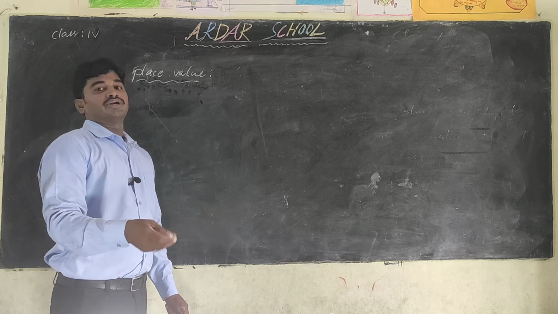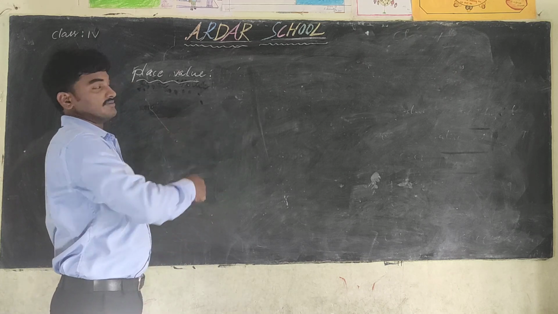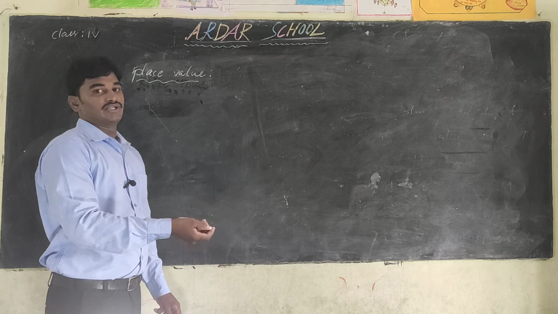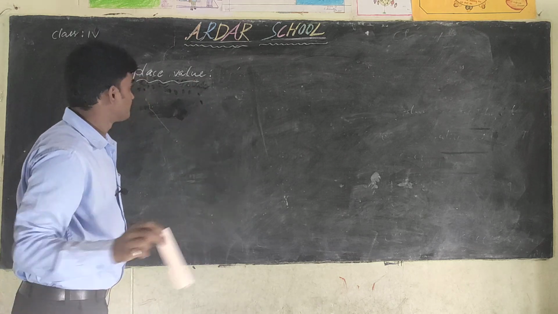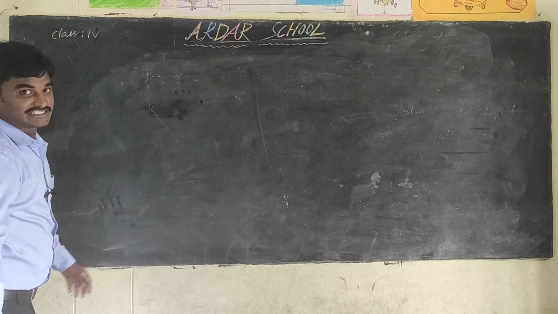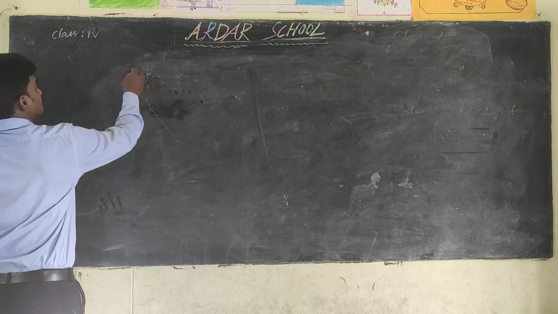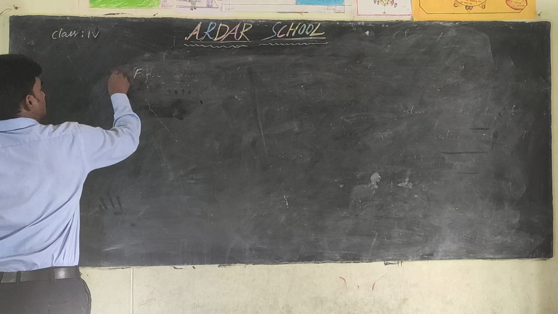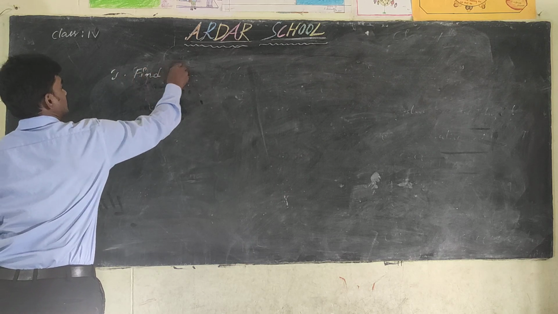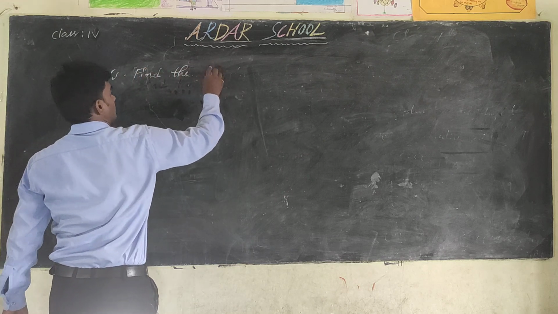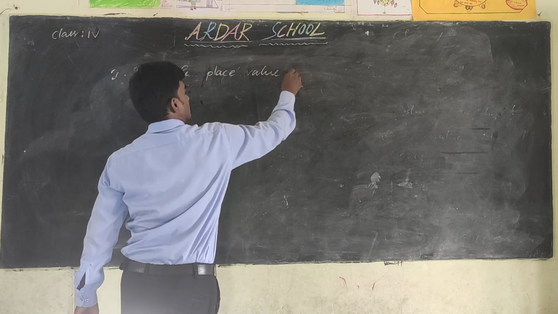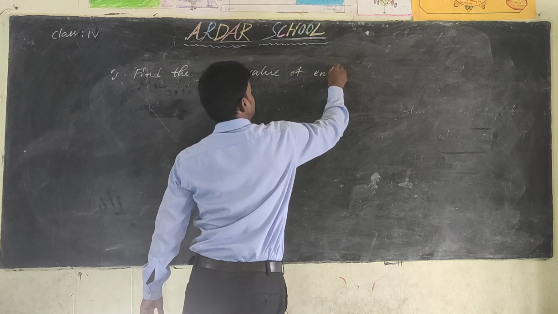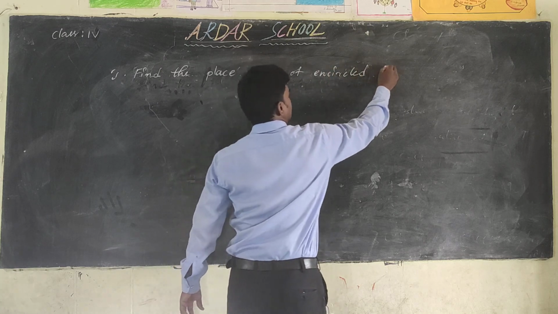Now let us do an exercise about the face value and place value. In this exercise, we are going to find the place value of encircled digits.